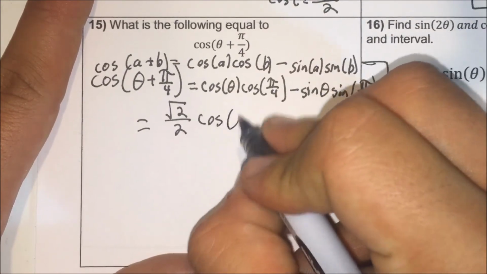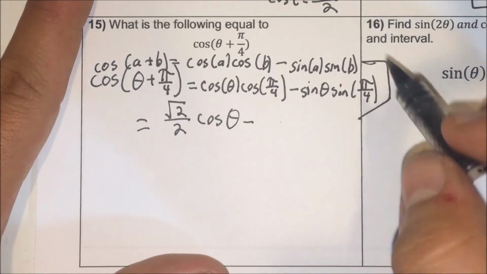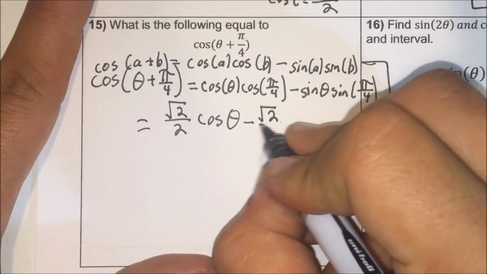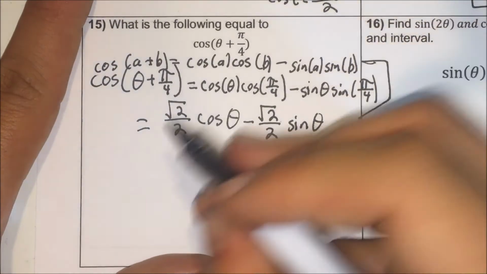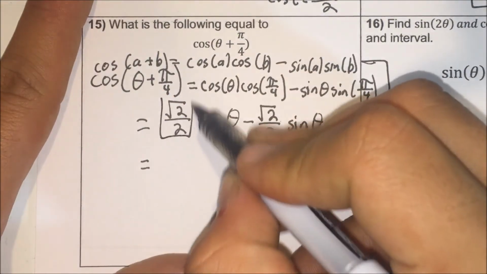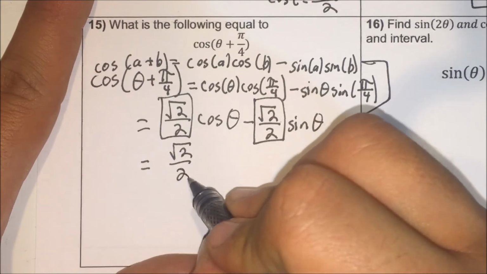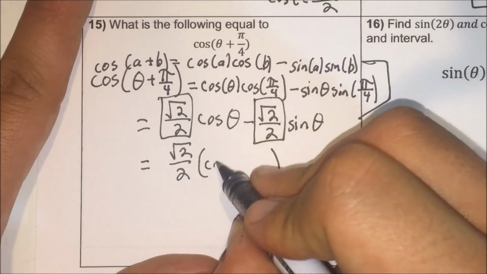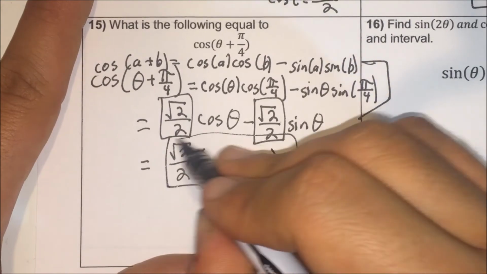And then the cosine of theta will hang along for the ride. Sine of pi over 4, well, that's just also the square root of 2 over 2. And then that leaves sine theta on the outside. And all we have to notice here is both of these terms have a square root of 2 over 2, so we can actually factor that out, put it in front, and that's just going to make us cosine theta minus sine theta, which is our answer.